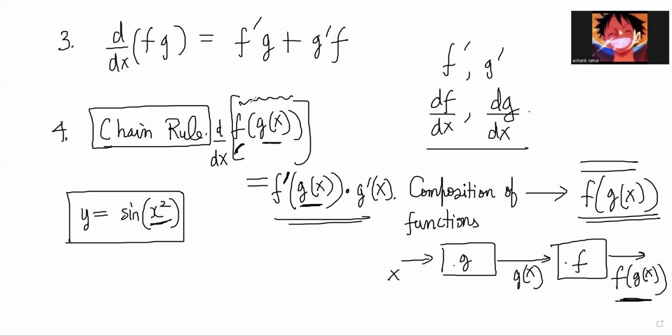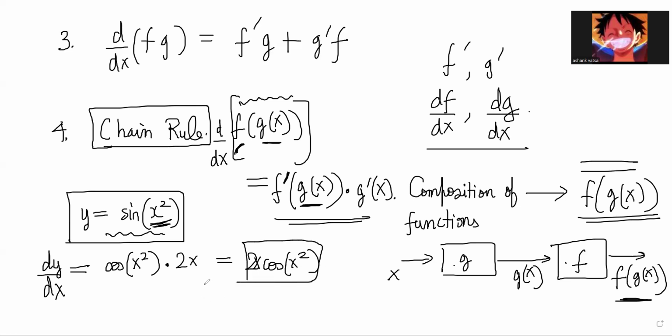So in this case, for example, dy by dx would be, first do the derivative of sine, right? So sine's derivative is cos, and we keep the inner thing untouched, right? Yeah. And then you differentiate the inner thing, which is 2x, right? Yes, sir. So the answer is 2x cos x square. That is the answer.